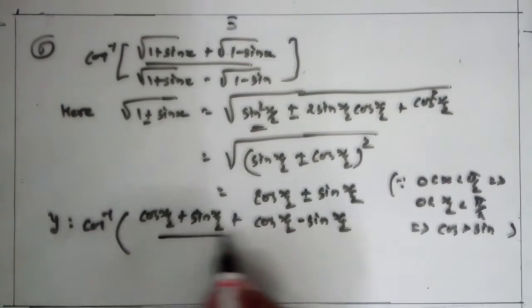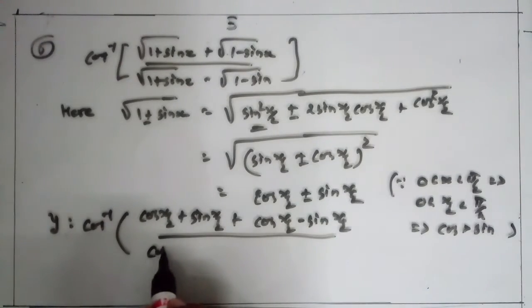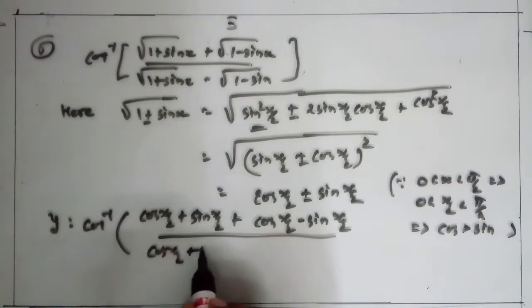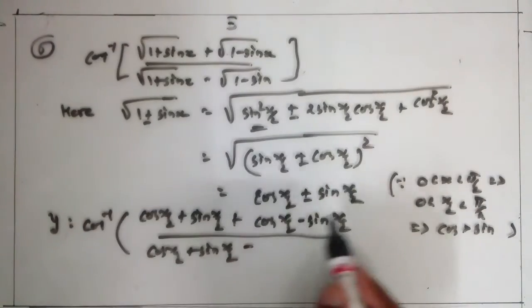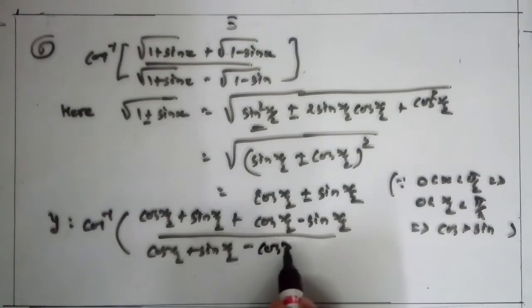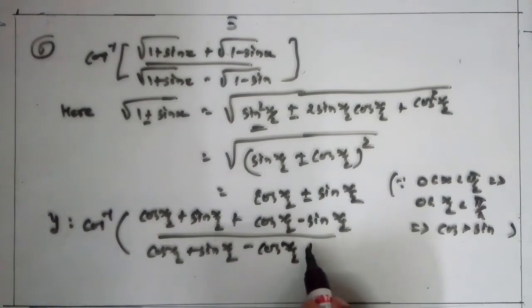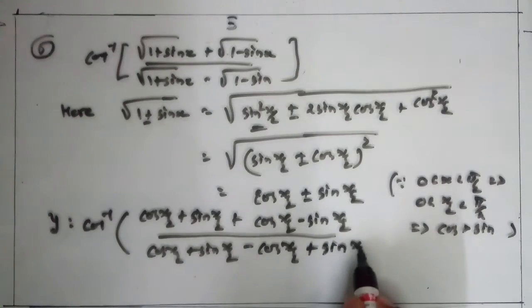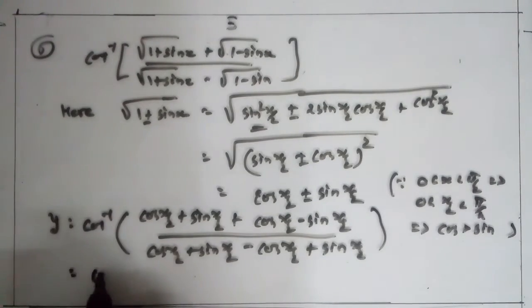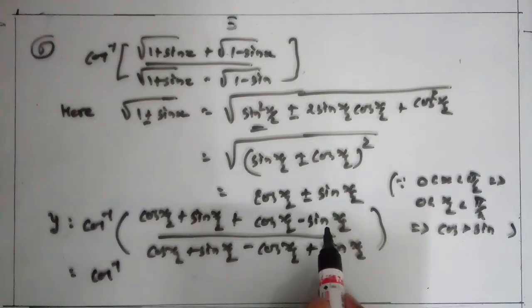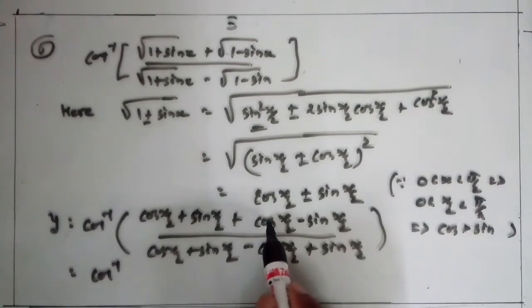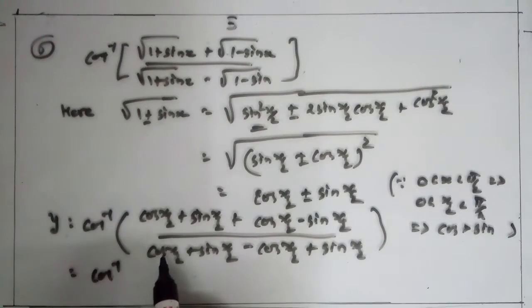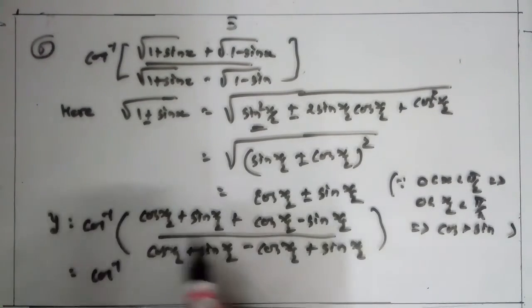Upon the same for this: cos x/2 plus sin x/2, minus the bracket cos x/2 minus sin x/2. Taking the minus inside, minus cos x/2, and the minus term becomes plus sin x/2. So y is equal to cot inverse; sin x/2 minus and plus cancel, cos plus cos becomes 2 cos, cos x/2 cancels, sin plus sin is 2 sin, and the 2 cancels from both.